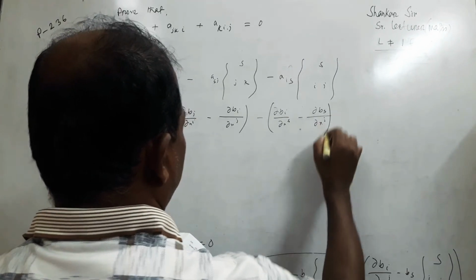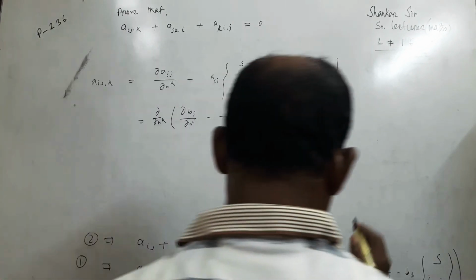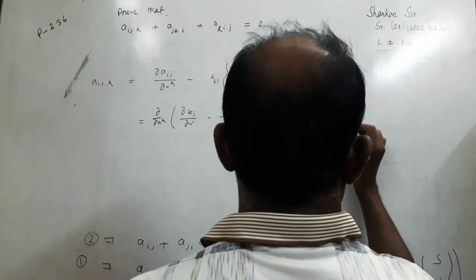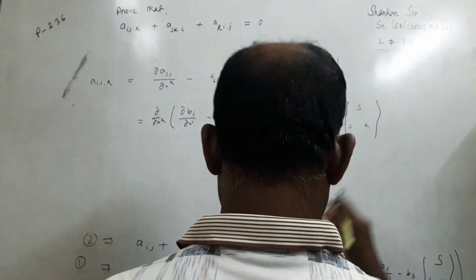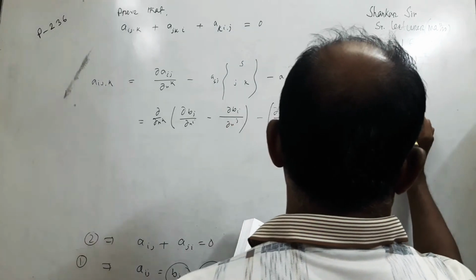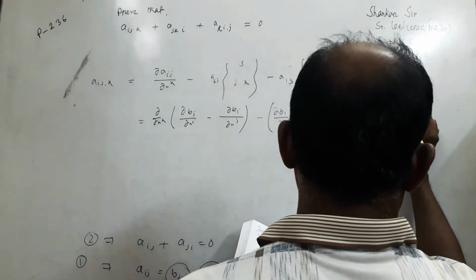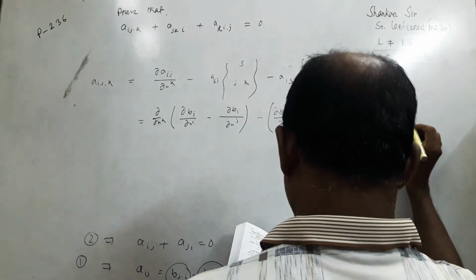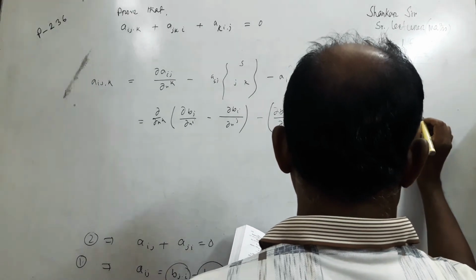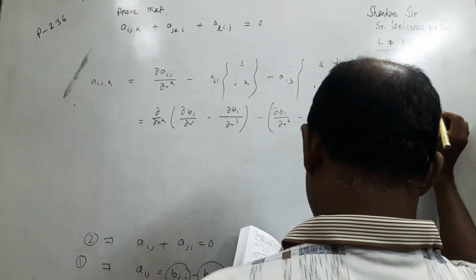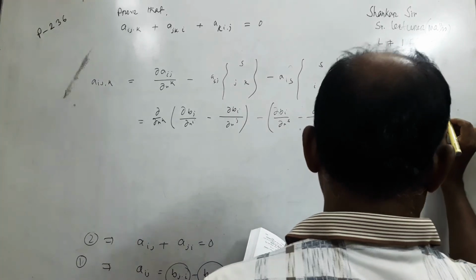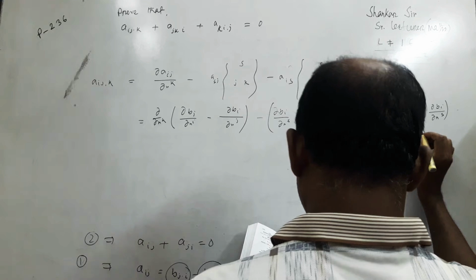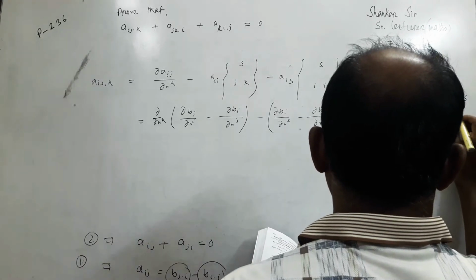It's also s and i, jk, minus del bs divided by del xi minus del bi divided by del xs, into sik.